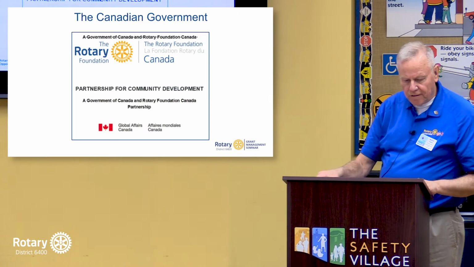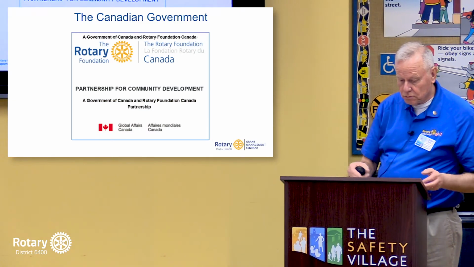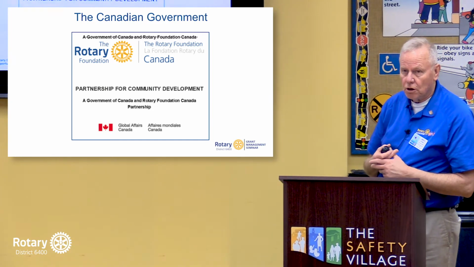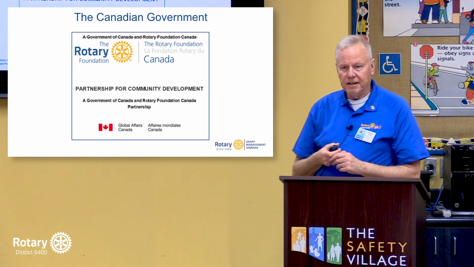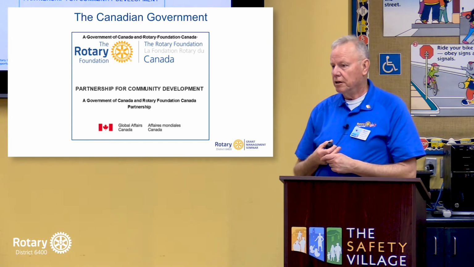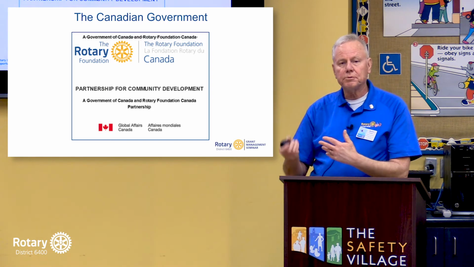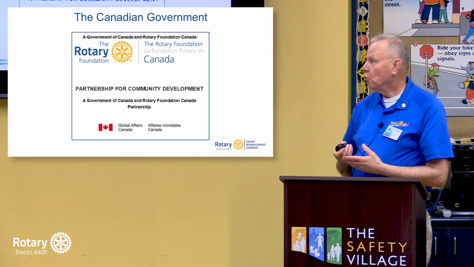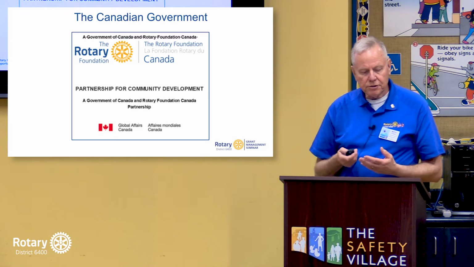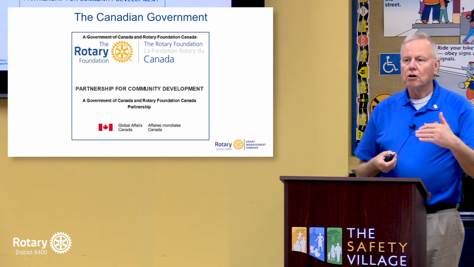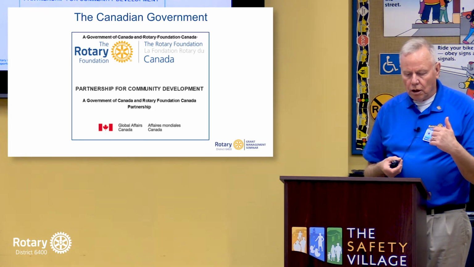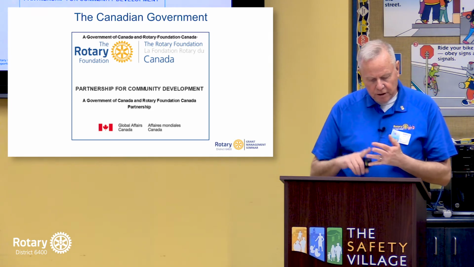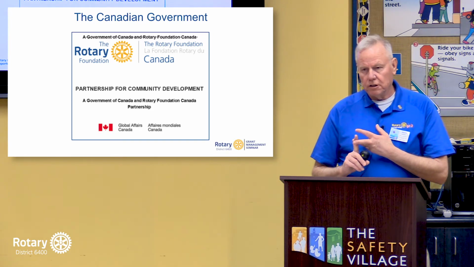Now, your government, in their wisdom, will match a lot of this money if it's a Canadian club as the primary club. You can have other clubs participate, but the Canadian money, the government will match. And it has to be in line with their global mandates for, and I have to read these, gender equity, environmental sustainability, and good governance.